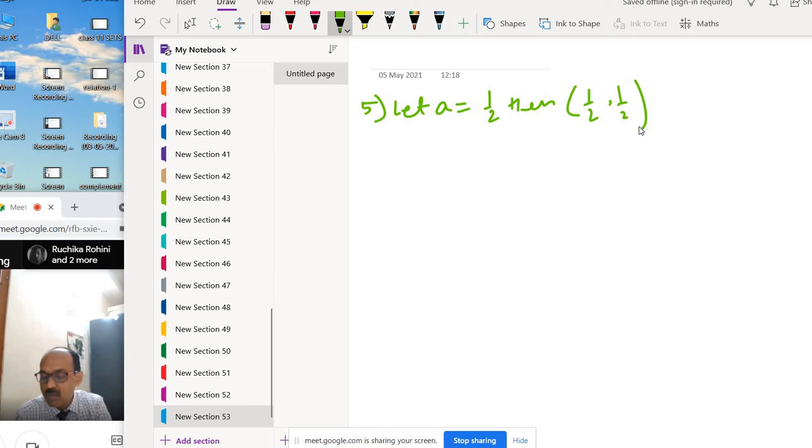So comparing 1 by 2 and 1 by 8, 1 by 2 is the greater number. So it is not possible that 1 by 2 is less than or equal to 1 by 8.